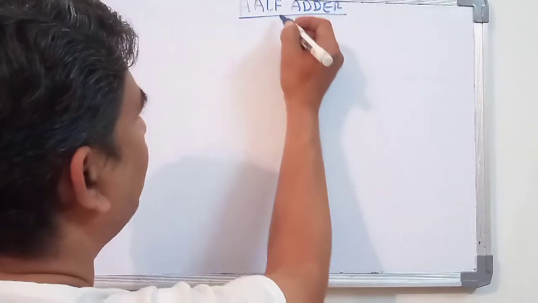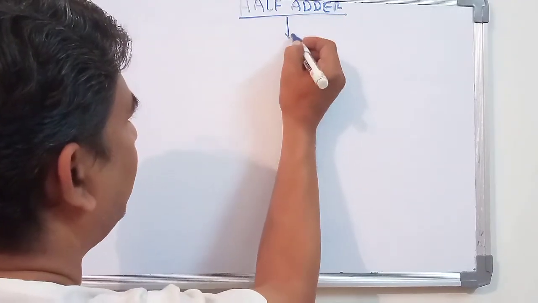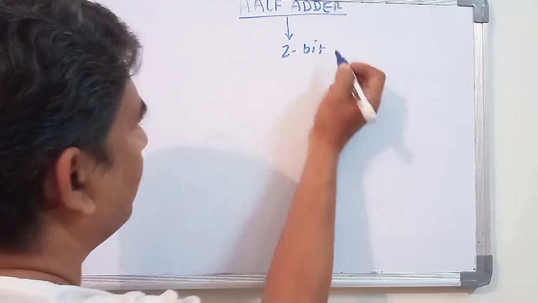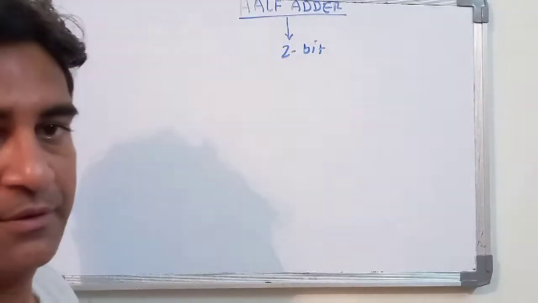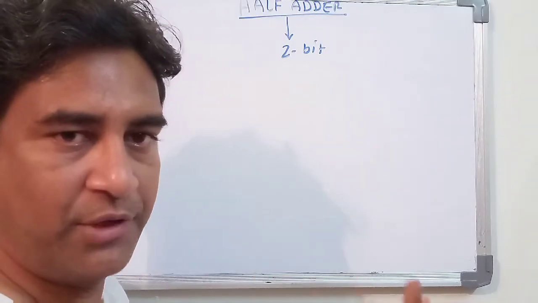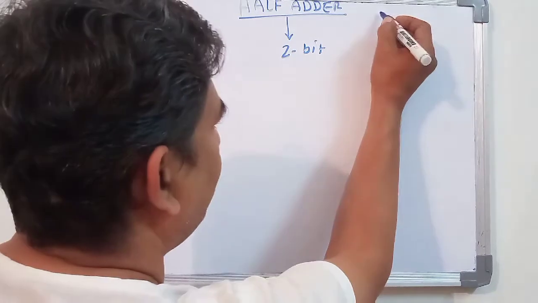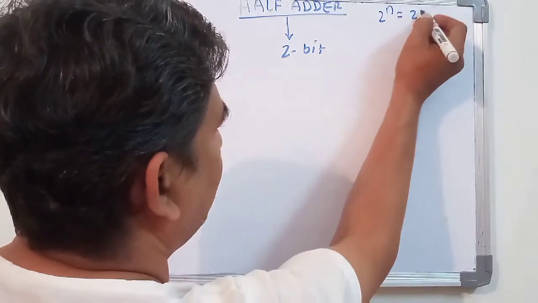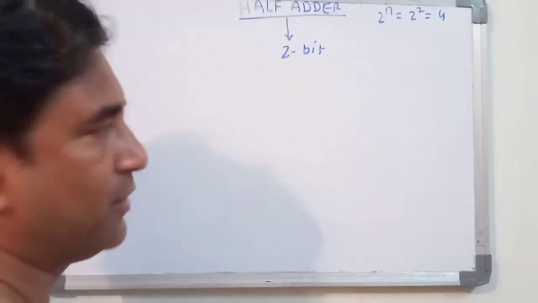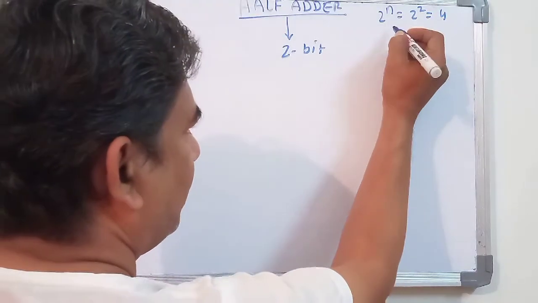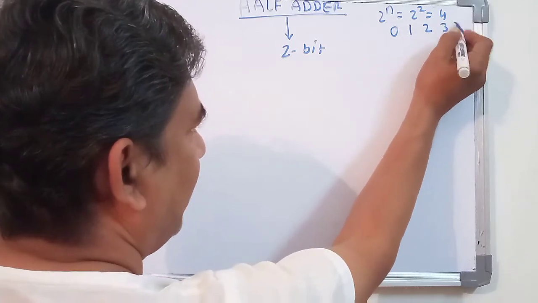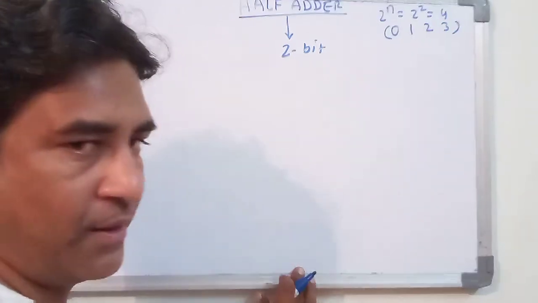As I told you, it is being used as a 2-bit adder, meaning two variables are there. So according to the two variables, you have 2 raised to power n, that is 2 raised to power 2 is equal to 4. From this particular 4, you may say that 0, 1, 2 and 3 values are going to occur.